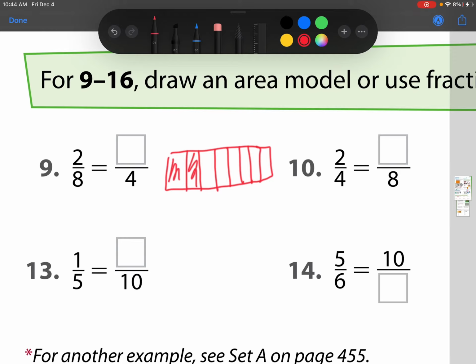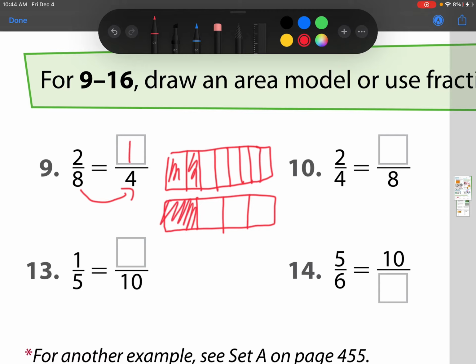Now, since we're going to a smaller number, it doesn't really help us to break it like this and make it bigger. So I'm going to have to think, does this look like any other model that I have? And if I have my fraction strips out, I would notice that it's going to look the same as this. And what fraction is that? Well, that's 1/4.